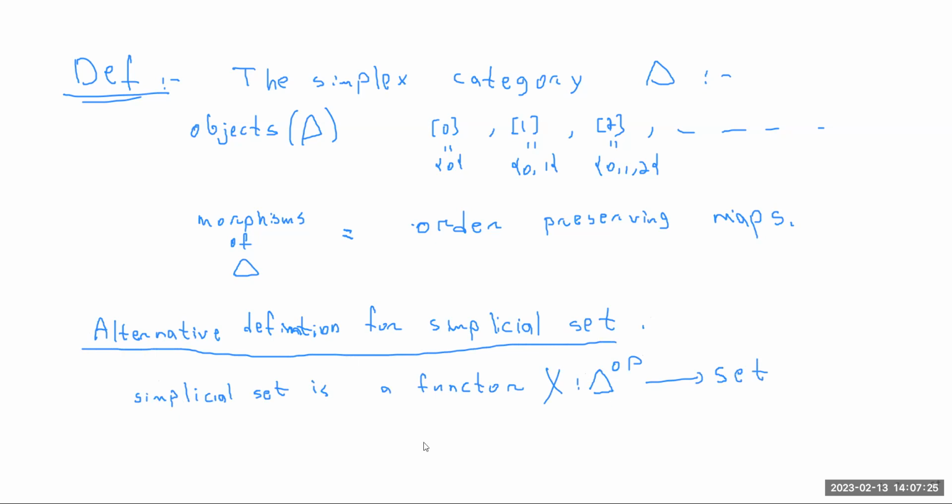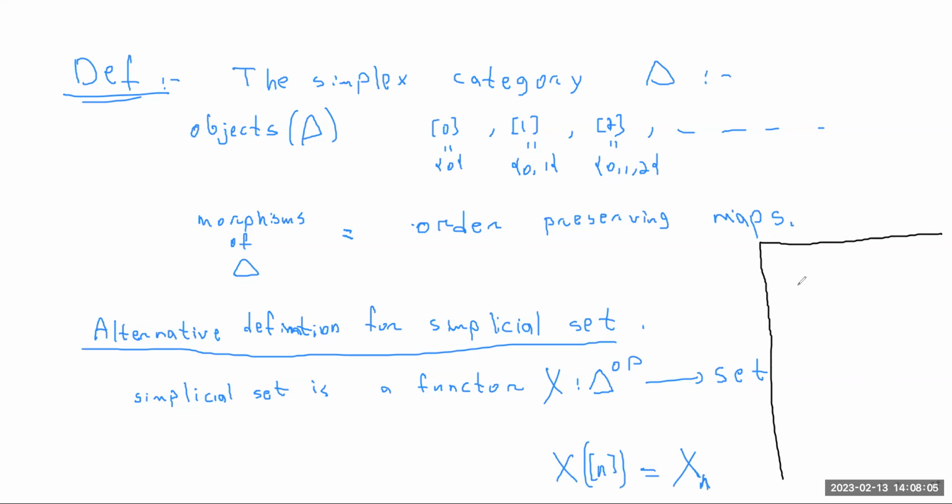Why is this so? Maybe it's obvious that on objects we have X_n, meaning what we get when we apply the functor to [n]. I used this notation before. But on maps, we have all the order-preserving maps, generated by two kinds of maps.